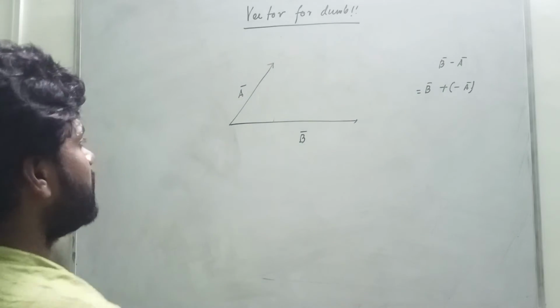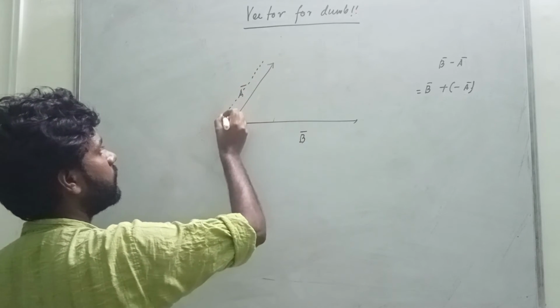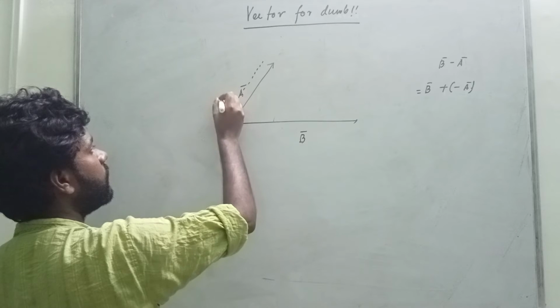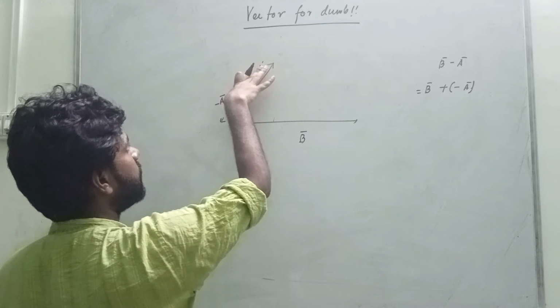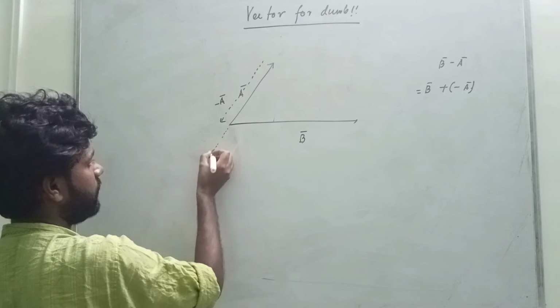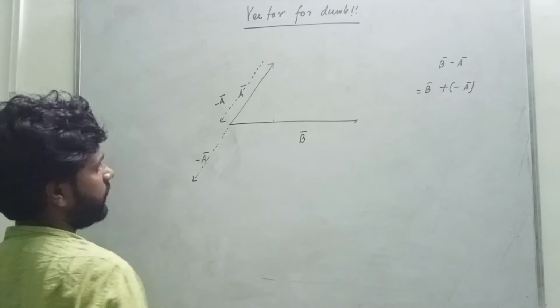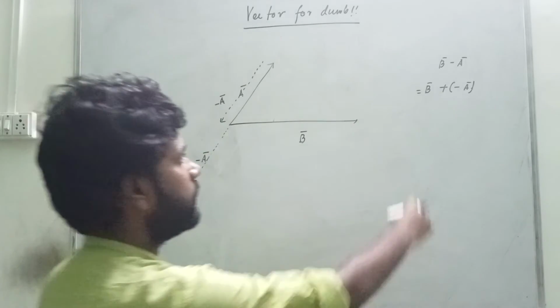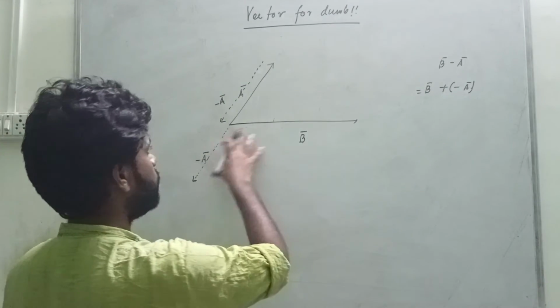And what will be the minus A? If it is an A, then obviously the minus A goes to this thing. And just translate this minus A from here to there, a parallel transformation. It is your minus A. Just add this B to the minus A. Just add these two vectors.